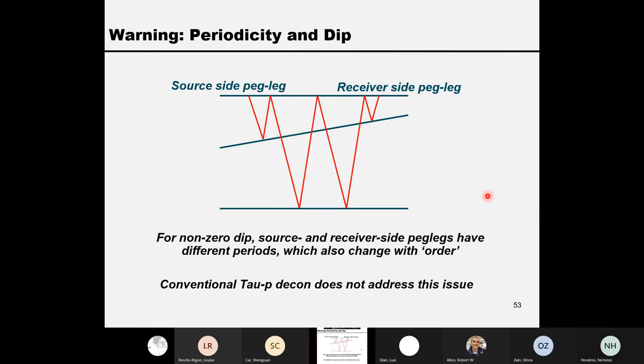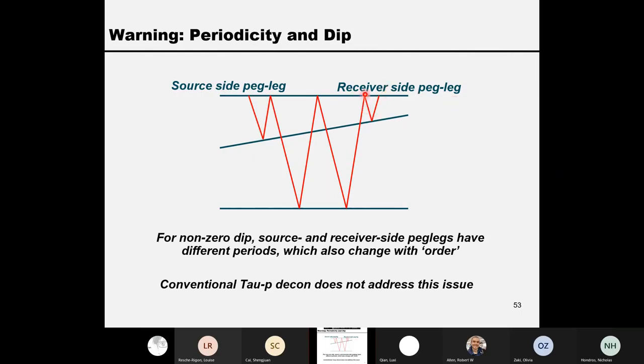As we said, the tau P domain deconvolution is effective due to the 1D Earth assumption, right? You assume the subsurface structures are horizontally flat. It's a 1D model. But if the water bottom looks like this, has a dip, right?